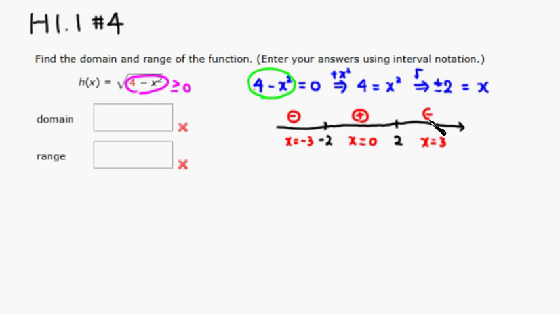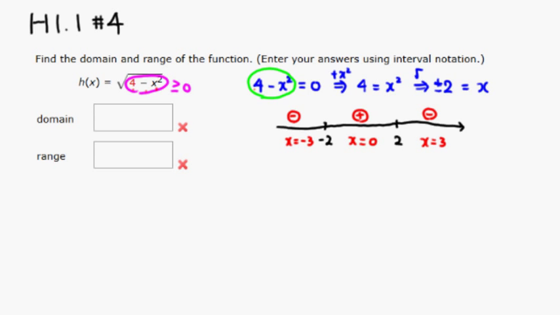Remember that we want 4 minus x squared to be greater than or equal to 0. So it's equal to 0 when x equals negative 2 and positive 2, and also positive if it's between negative 2 and positive 2.